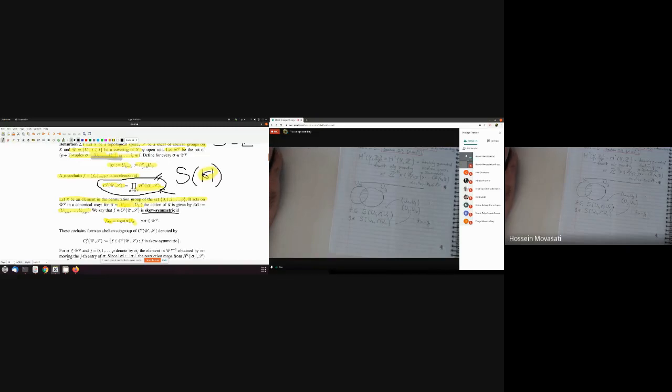At the end of the day, we are mainly interested in these symmetric p-cochains, which are those cochains such that F is FQ symmetric, and this FQ symmetric is explained here.